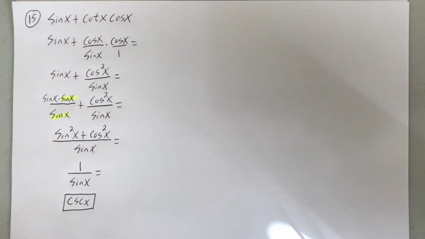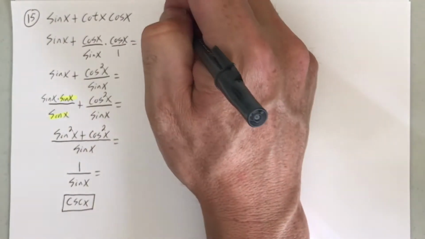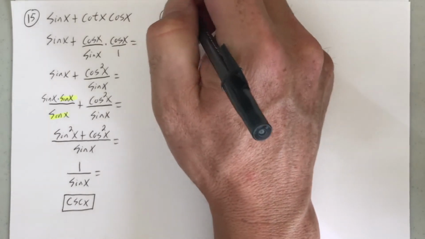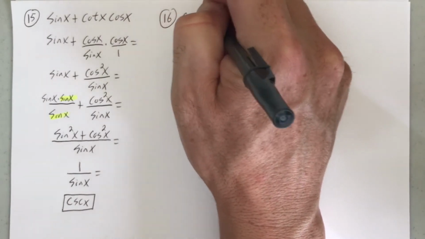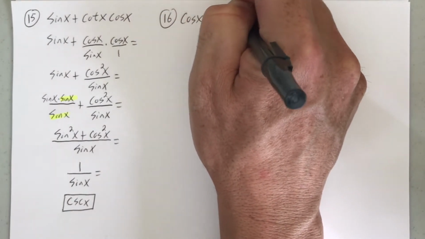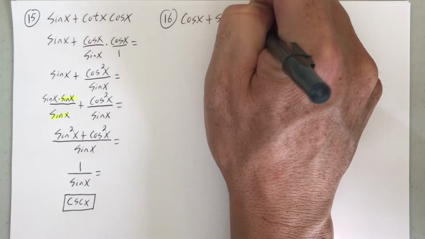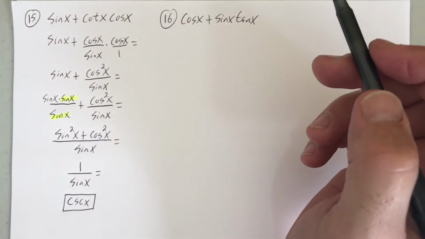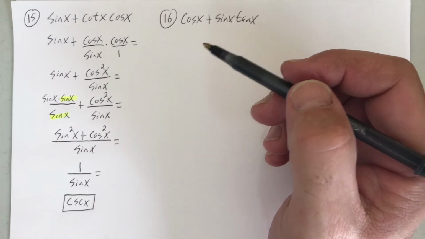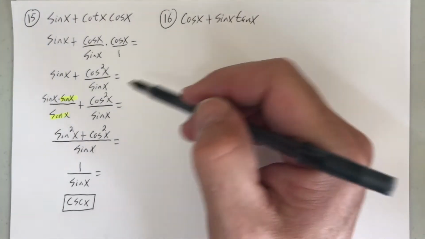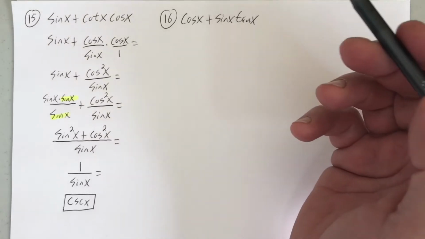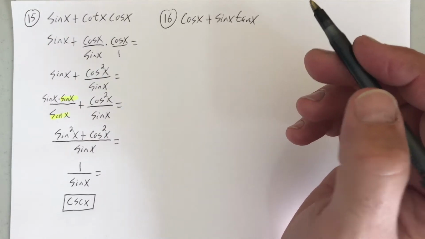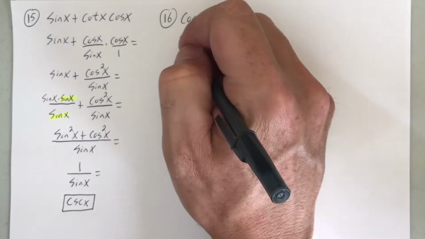So let's go ahead and look at number 16. So for 16, we have cosine x plus sine x times tan x. So this is somewhat similar to number 15. Again, we're going to wind up using a common denominator. And for the problems that we're going to do here, that's pretty much the theme we're going to work with. So I'm going to replace tangent.